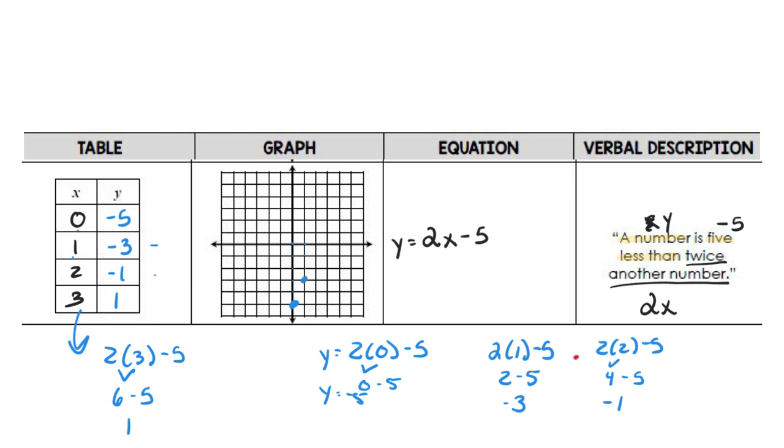Next point, 2, negative 1. So starting at my origin, I go to the right 2, and then I go down 1, because my y value is negative 1. And then the last one, 3, 1. So start at the origin, go to the right 3, up 1. Those are my points. And then drawing a line, connecting them through the points.